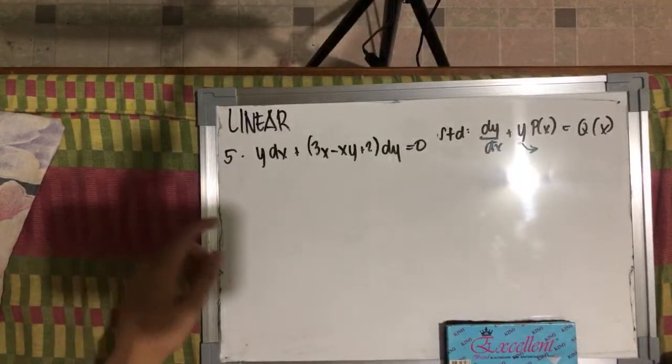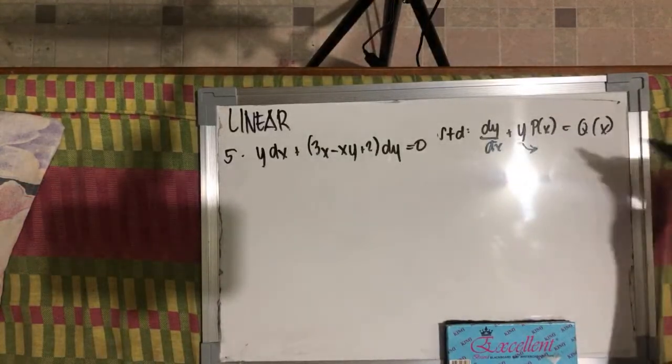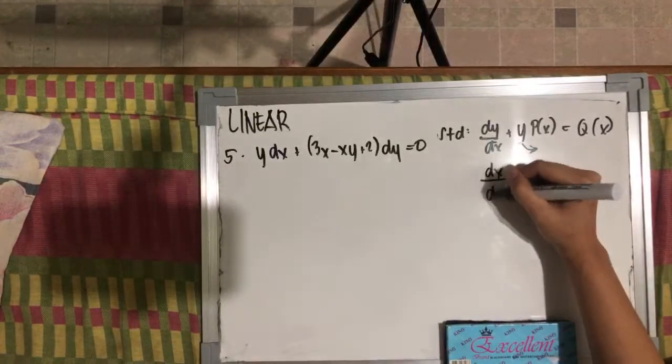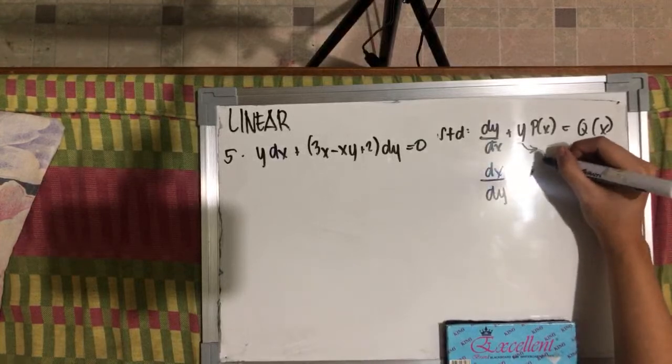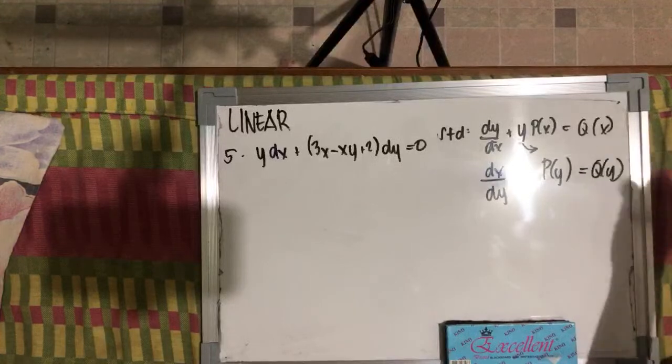So, kapag x naman yung dependent variable mo, mababaliktad din yung standard form mo. So, magiging dx over dy plus x p of y is equal to q of y.